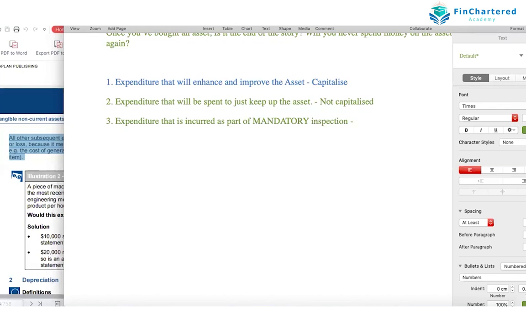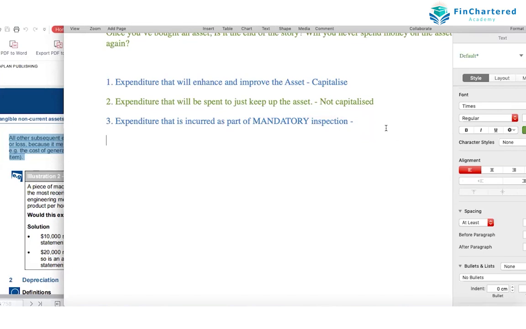Without inspecting that flight, you cannot use that flight. You are not allowed to. Mandatory, it is needed to use the asset. Do you think we will capitalize or not capitalize? Without that expense, you cannot use the asset. So will you capitalize or not capitalize? You will capitalize. Yes, Mariam, that's right.